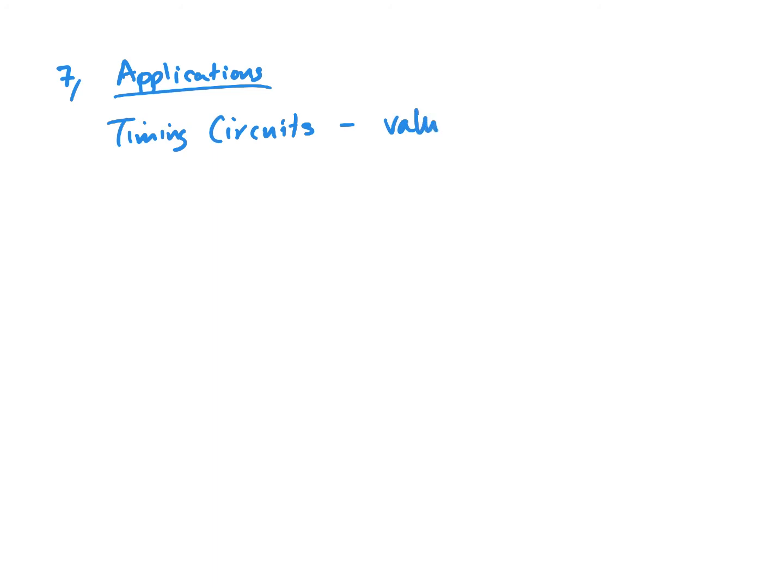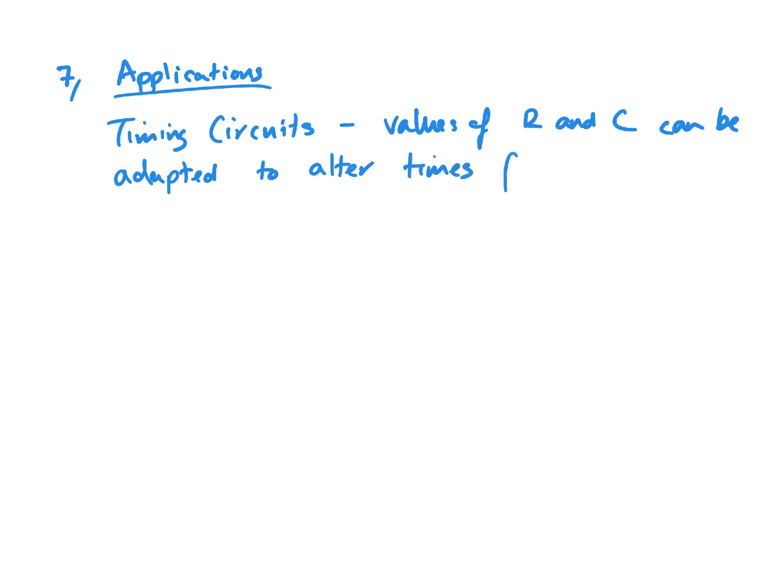So some uses of capacitance then. Timing circuits: values of R and C, resistance and capacitance, can be adapted to alter times for charging or discharging.